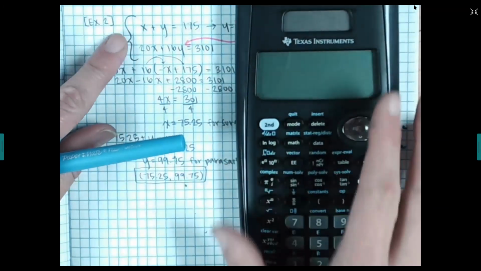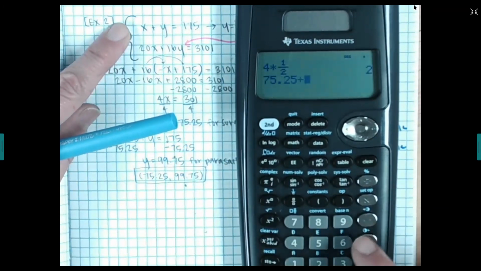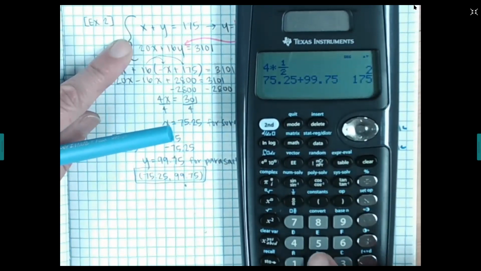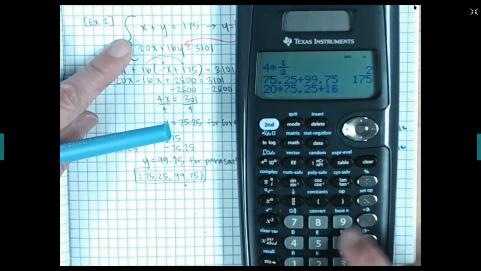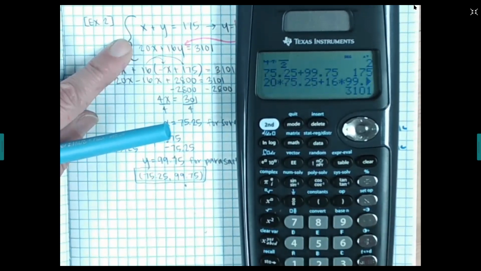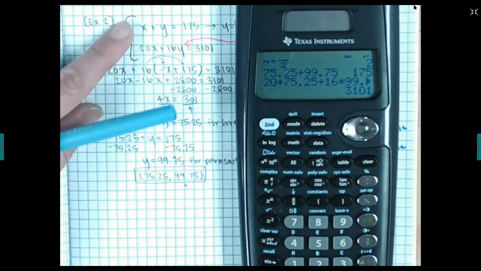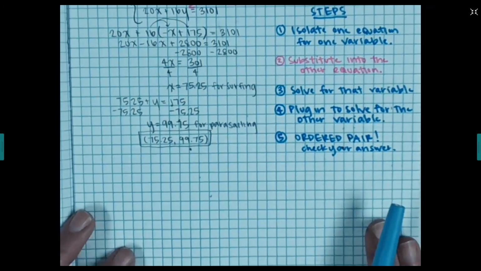So I'll do that now. 75.25 plus 99.75 is 175, and then 20 times 75.25 plus 16 times 99.75 is 3101. So I know that it works for both equations, so I know that my solution is correct.